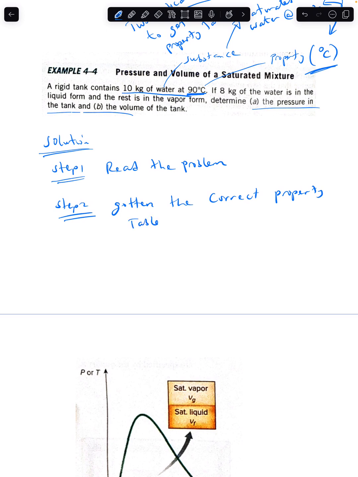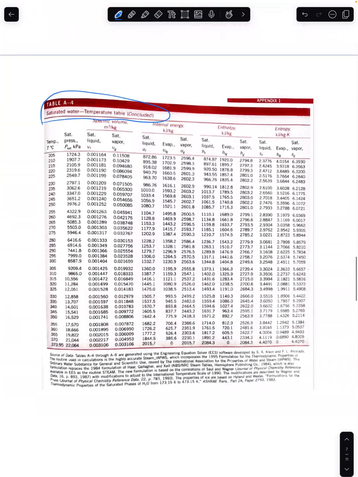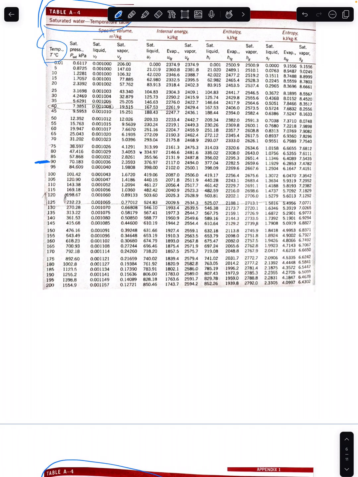Step 3, we're talking about our calculation. And A, we need to get the pressure of the tank at 90 degrees Celsius. And if you go now to your property table, you can get that pressure at that temperature of 90 degrees Celsius. That is the pressure.